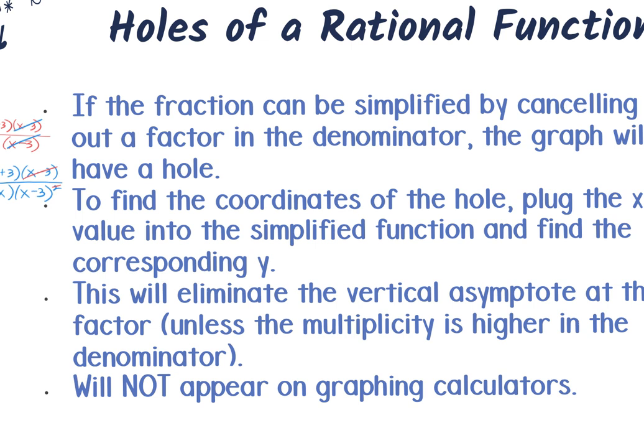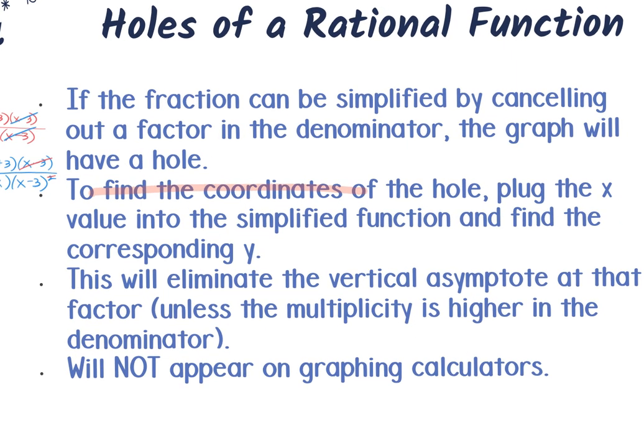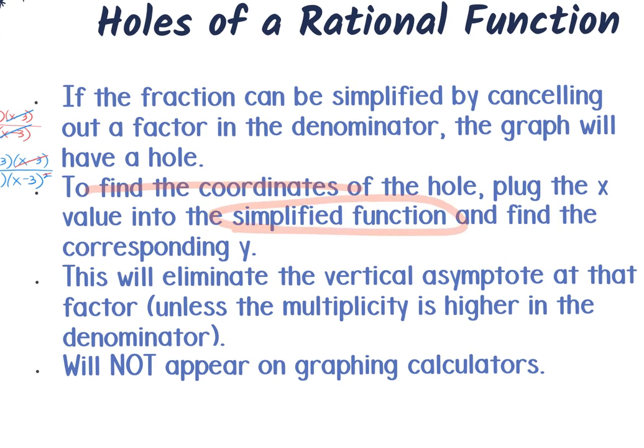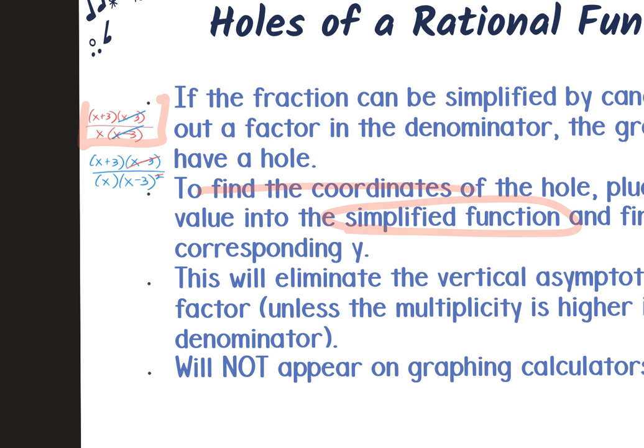So to find the coordinates of your hole, okay, we would take our x, we would plug the x into the simplified function, and then find your corresponding y. So if I was to do it in that top example, I would take 3 and I would plug it in after I cancel them out.